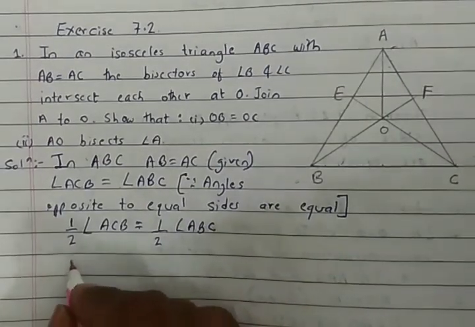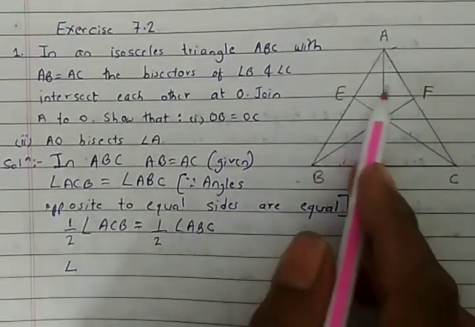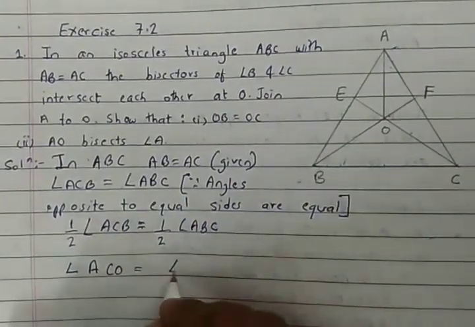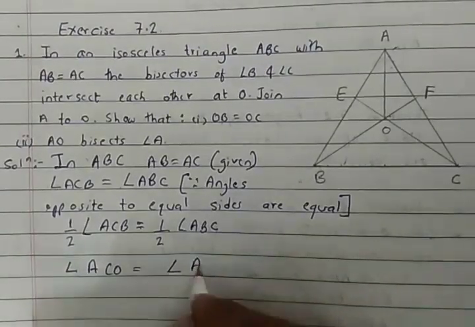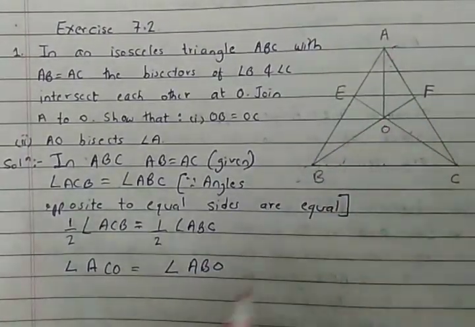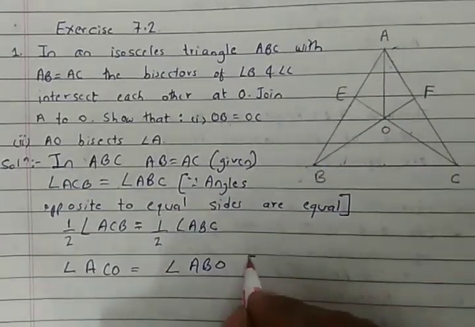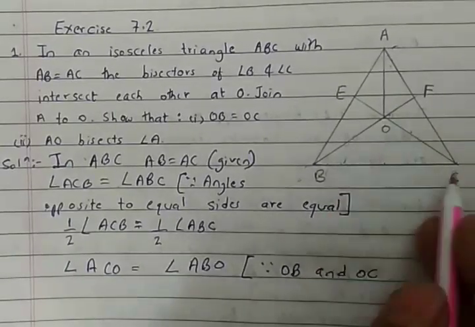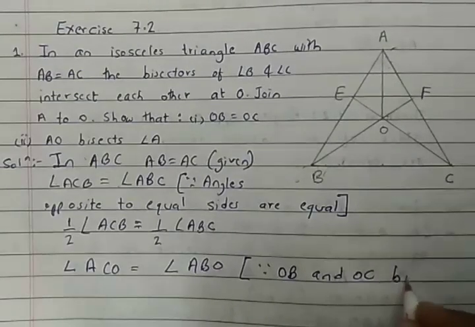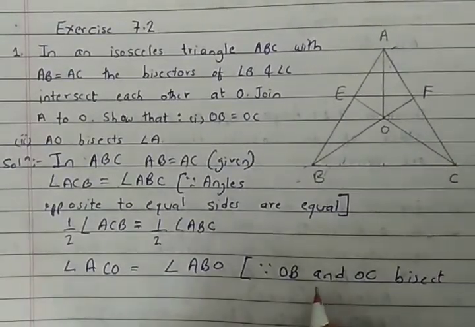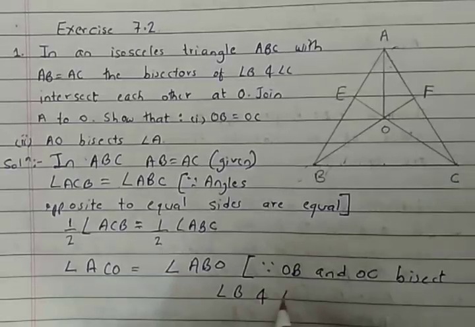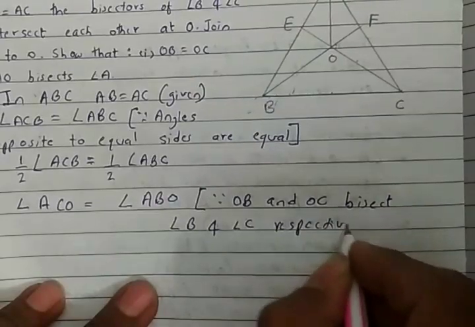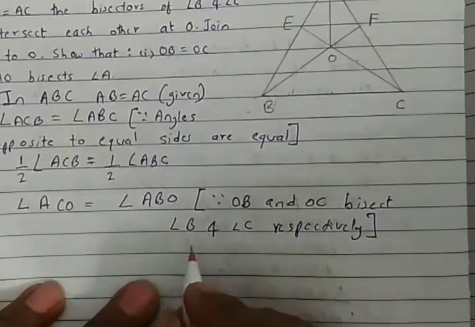So instead of half of ACB we can write angle ACO equal to angle ABO, right? We have to write the reason for that, because OB and OC both bisect angle B and angle C respectively.